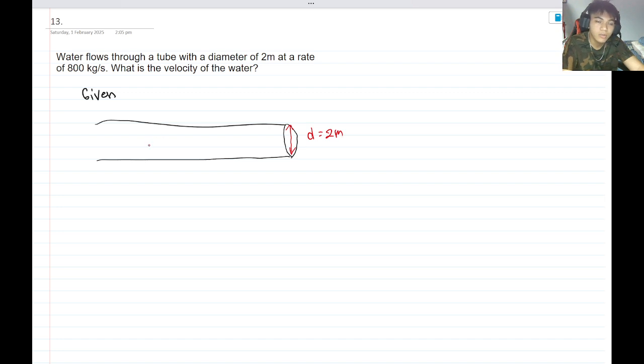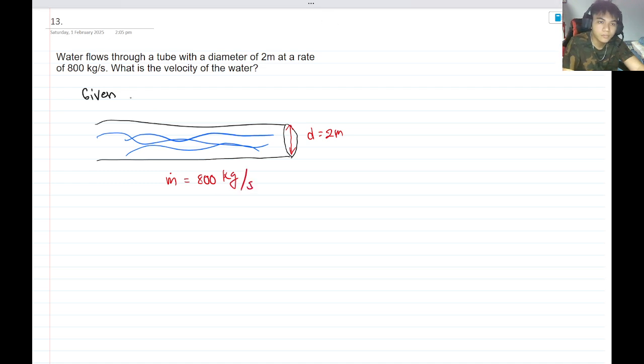And yung kanyang mass flow rate, so let's say meron tubig dito. Mass flow rate is 800 kilogram per second. For us to find the velocity ng tubig. Okay? So first, what we can do is calculate the area of the pipe.